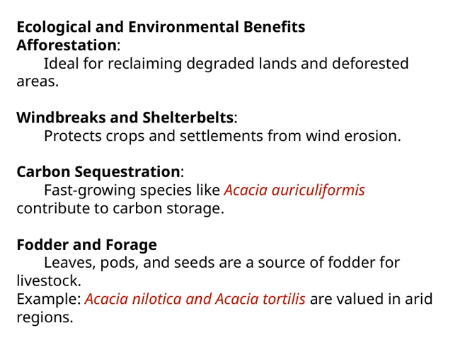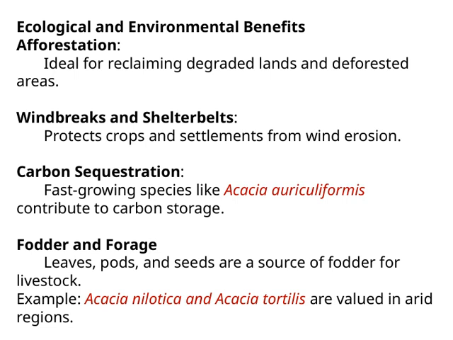Moving on to carbon sequestration, fast-growing species like Acacia auriculiformis are especially valuable because they can absorb and store significant amounts of carbon dioxide, contributing to climate change mitigation efforts. Finally, these trees also provide fodder and forage. Their leaves, pods, and seeds serve as nutritious food sources for livestock, which is vital in arid regions where resources are limited.